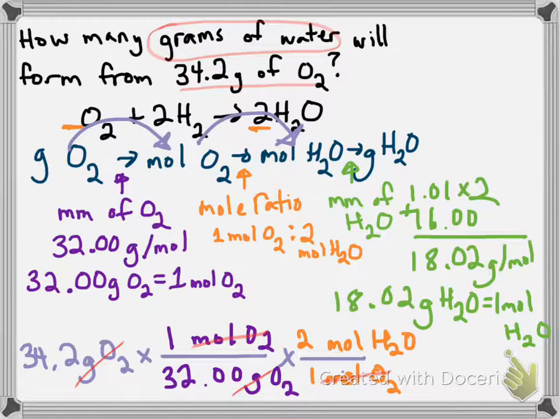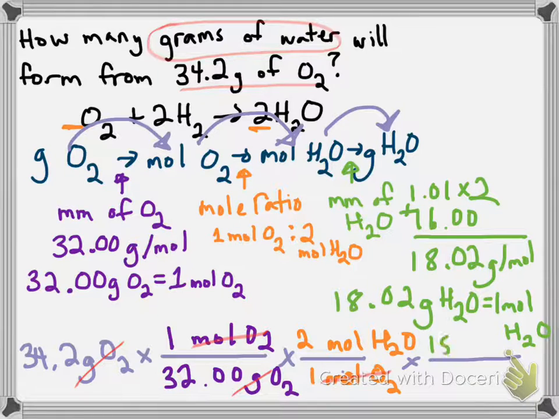So now I'm ready for my last step, where I just need to go from moles of H2O into grams of H2O. So I'm doing this last step. So this would have my green conversion factor, the molar mass of H2O, and I have moles on top right now, and I'm trying to convert it into grams of water.